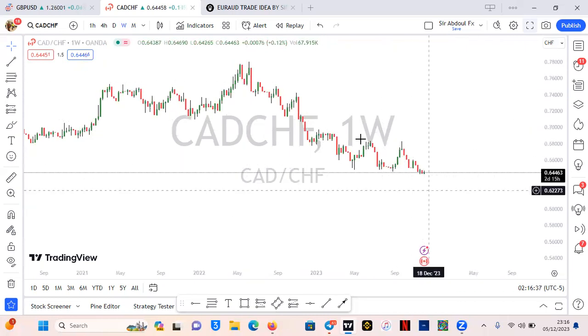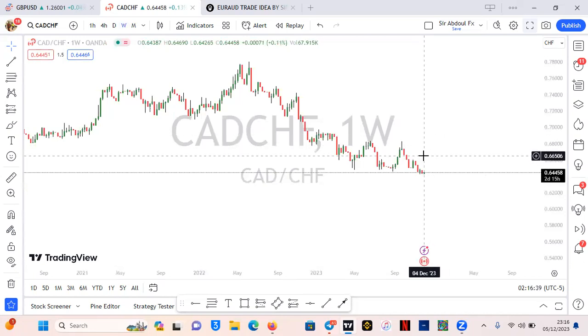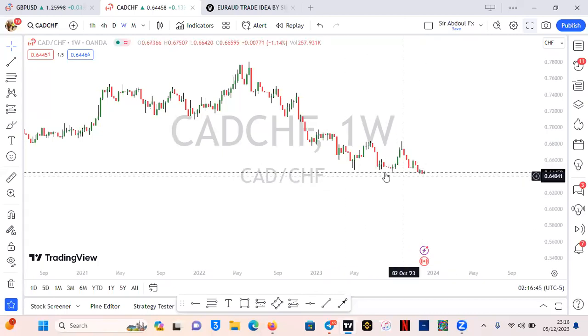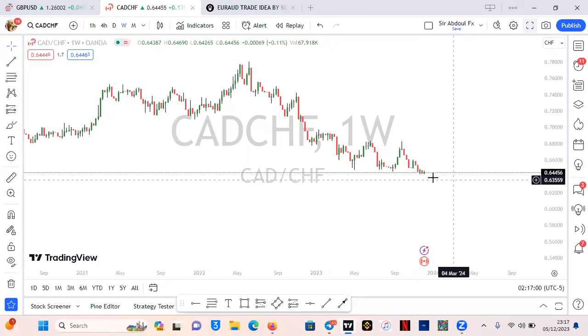Also, the market price action of weekly is bearish, but in the current week the market is ranging, as we said. Maybe because of those levels, we can see it's a level, so maybe that's why the market is ranging. But we can see the market break below this place, so we cannot do anything here.